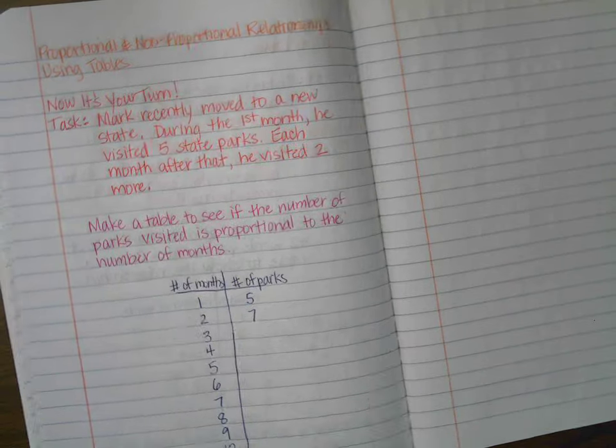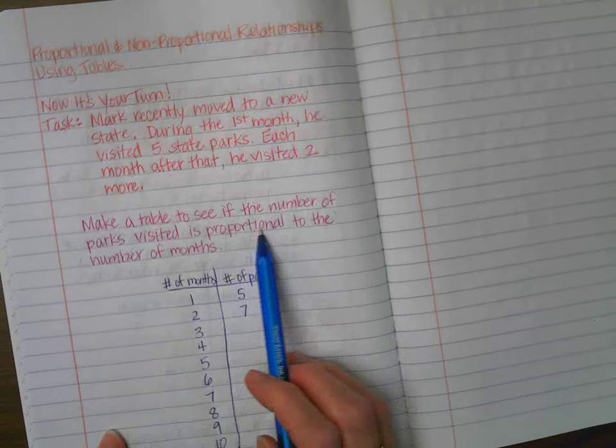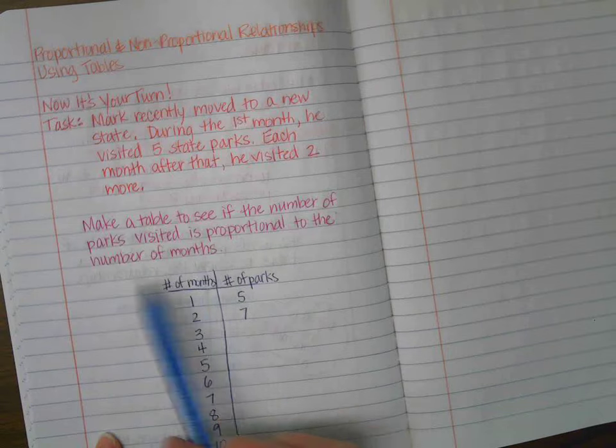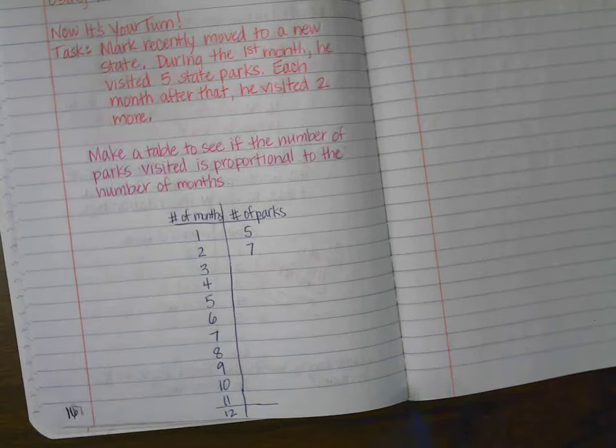Your job is to figure out how many he visited in each month, and then you also need to decide, is it proportional? So see if the number of parks visited is proportional to the number of months. One last reminder, what makes a table proportional? That is correct. Does it have a constant?